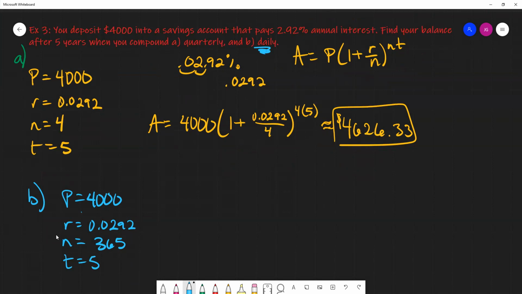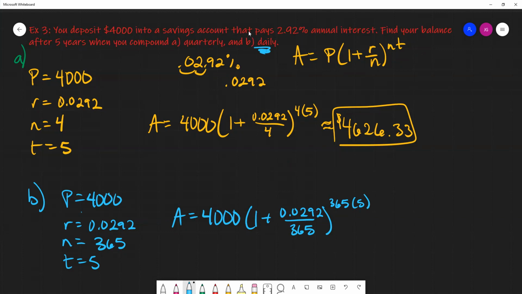Okay, so we have A is equal to 4,000 times 1 plus 0.0292 over, not 4, over 365, because that's our N, to the 365 times 5 years.